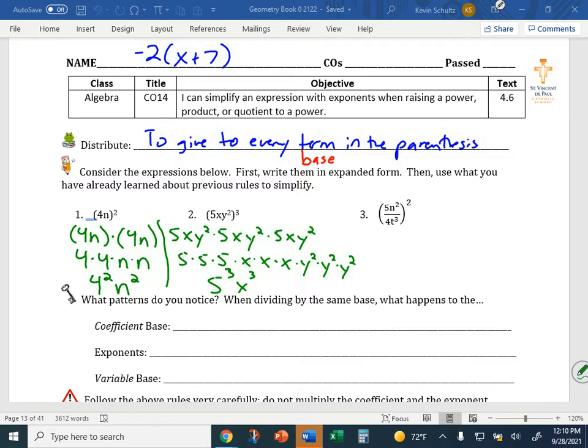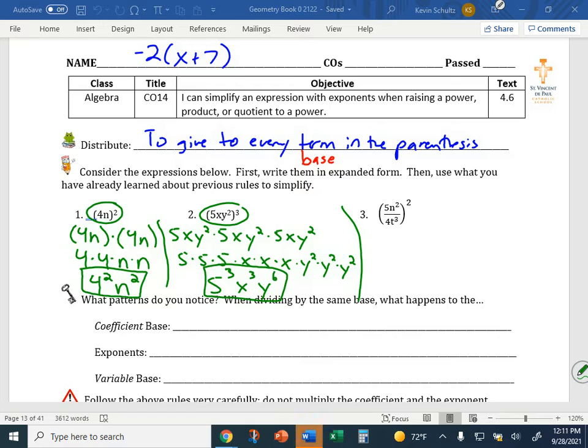Y to the 6th. As we're going through this, see if you can pick up on what the shortcut is. How did I get from our original expression to our simplified expression? Because that's ultimately the rule we're going to be looking at.